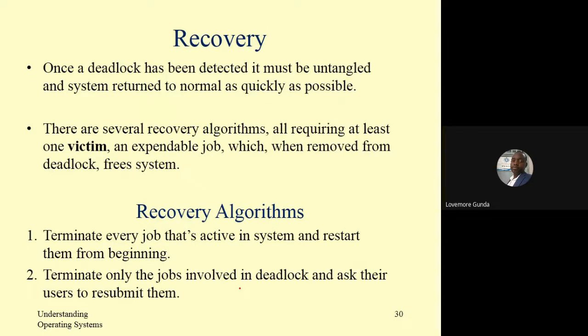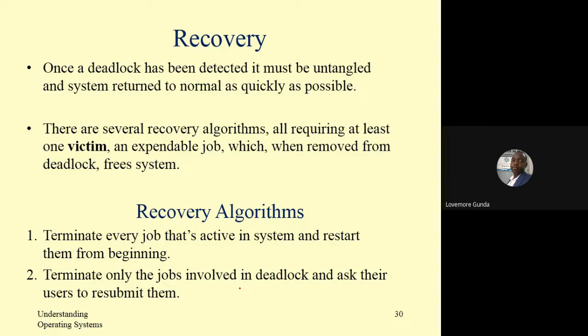Recovery. Once a deadlock has been detected, it must be untangled and the system returned to its normal state as quickly as possible, right? So there are some recovery algorithms which are used, but you realize that all these algorithms require at least a victim, which is an expendable job, which will be removed to remove the deadlock.